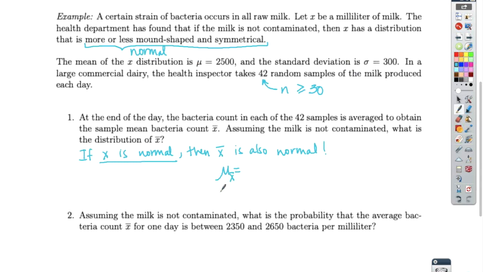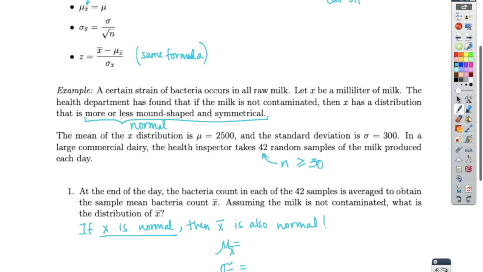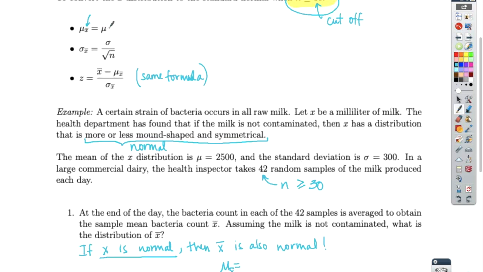Those go with a different distribution. So I'm going to say mu sub X bar and sigma sub X bar. Now remember, the mean does not change. The new mean is exactly the same as the old mean. So if the old mean was 2,500, the new mean is also 2,500.